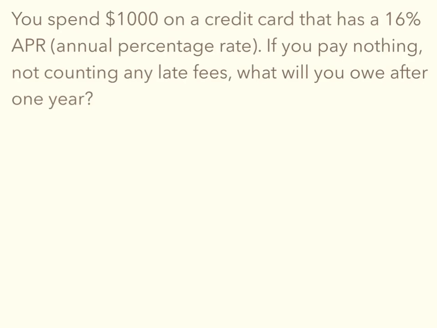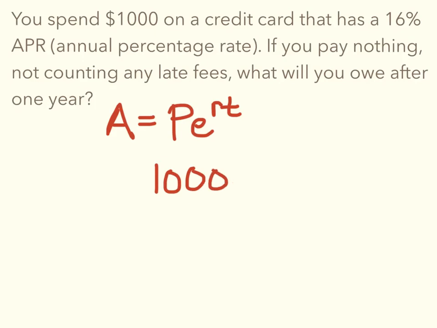All right, so you go home. You say, hey, Mom, I got this credit card bill. I haven't paid it all year. And how much do you owe? Let's calculate that. We have our equation, A equals PE to the RT. We know we started with $1,000. E to the rate is 16%, so 0.16 times our time is 1 year.